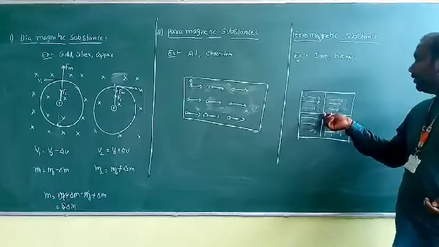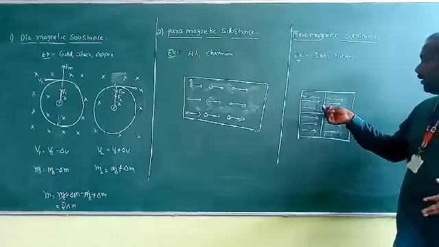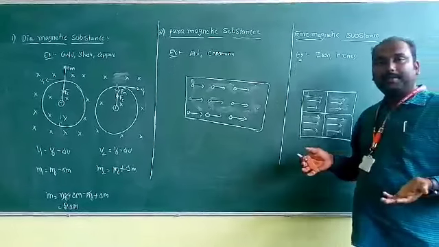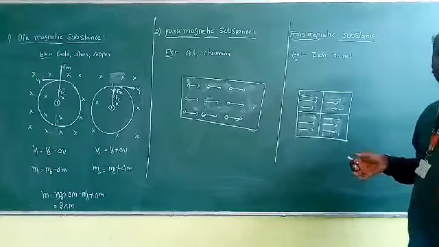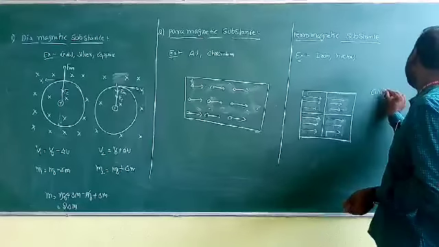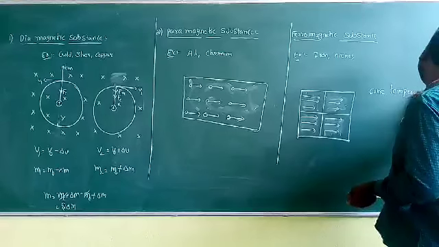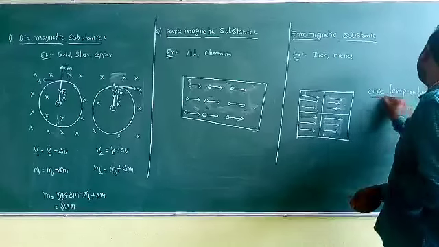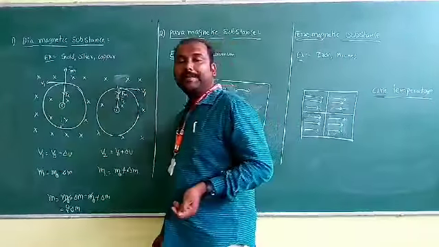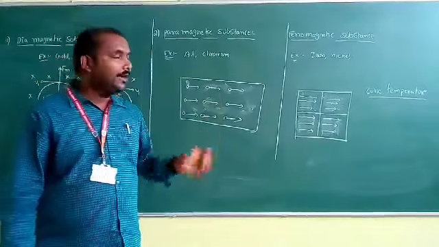Then at a particular temperature, the boundaries of these domains will break. In that condition, it will lose the magnetism. The temperature at which a ferromagnetic substance becomes a paramagnetic substance, that temperature we call the Curie temperature.